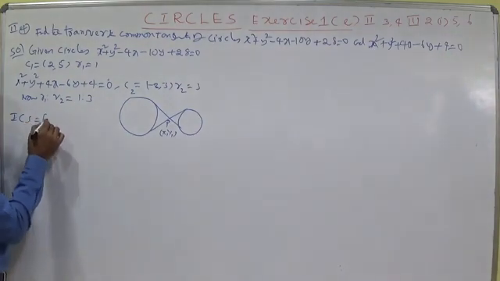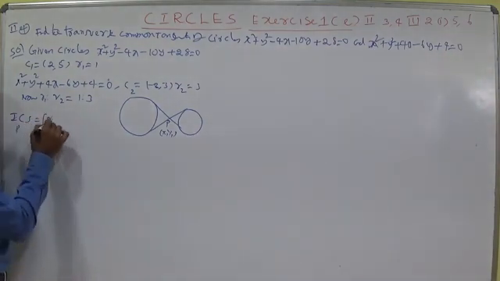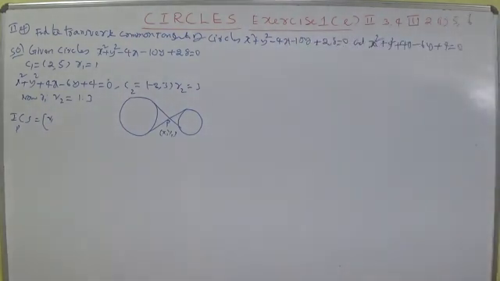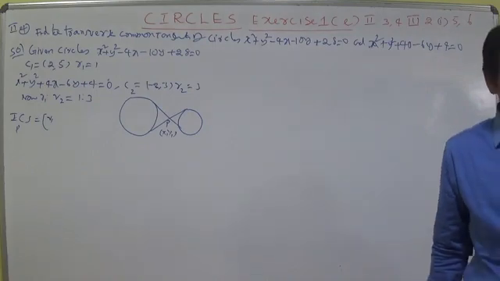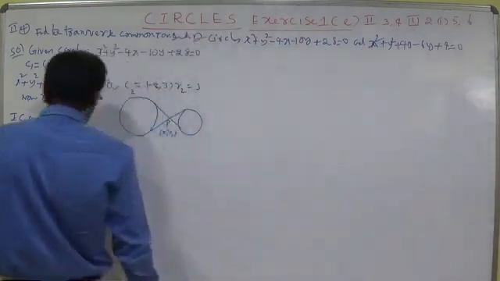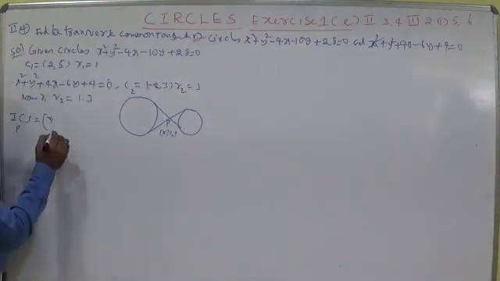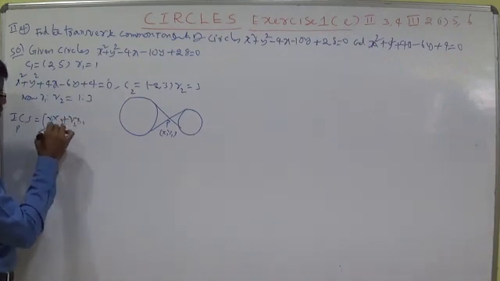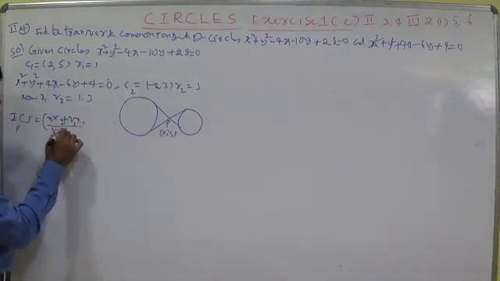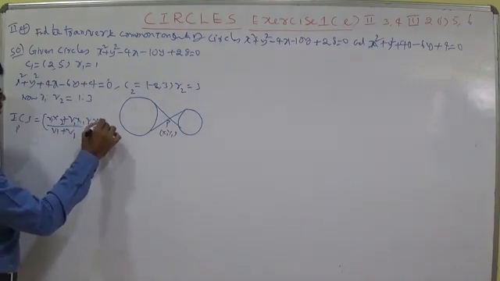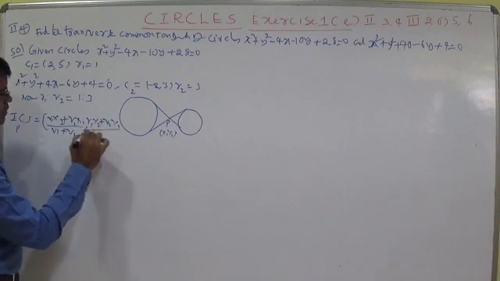ICS formula: P is equal to R1 x2 plus R2 x1 by R1 plus R2, and R1 y2 plus R2 y1 by R1 plus R2. So P is (R1 x2 plus R2 x1 by R1 plus R2, R1 y2 plus R2 y1 by R1 plus R2).